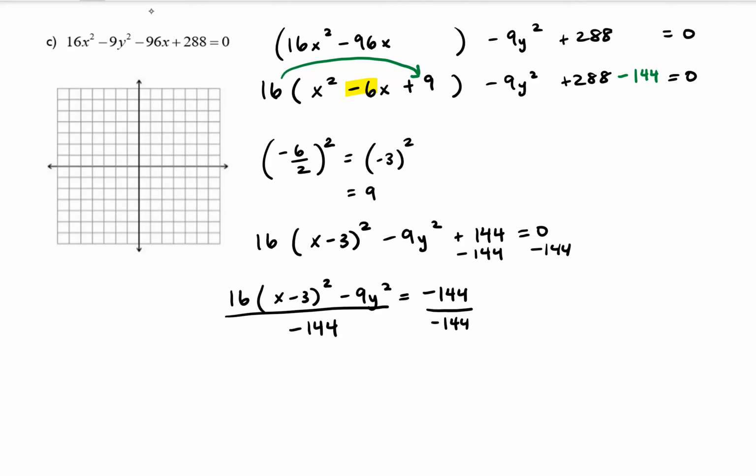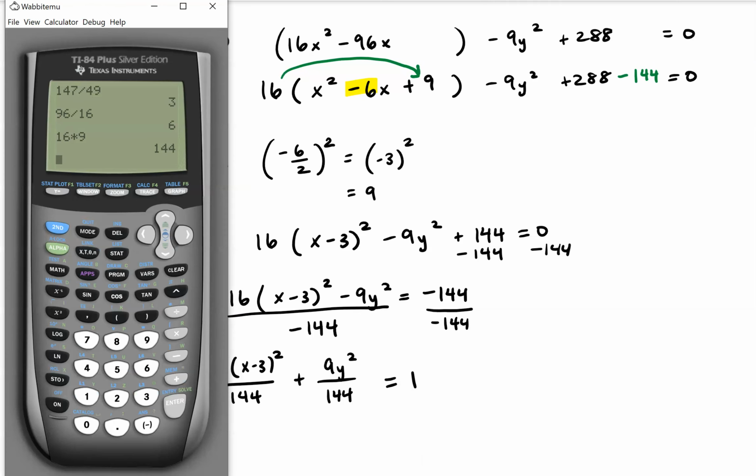Now, if I do that, the right-hand side of the equation will equal 1, and then I'll have negative 16 times x minus 3 squared over 144 plus 9y squared over 144. So I need to see, 144 divided by 9 is 16, and 144 divided by 16 is going to give us 9.